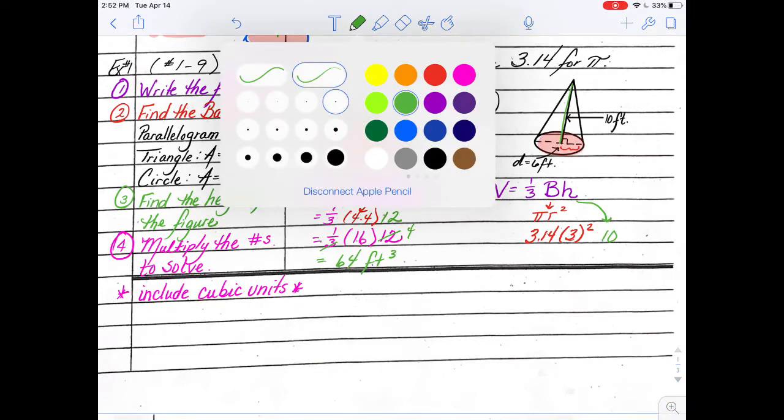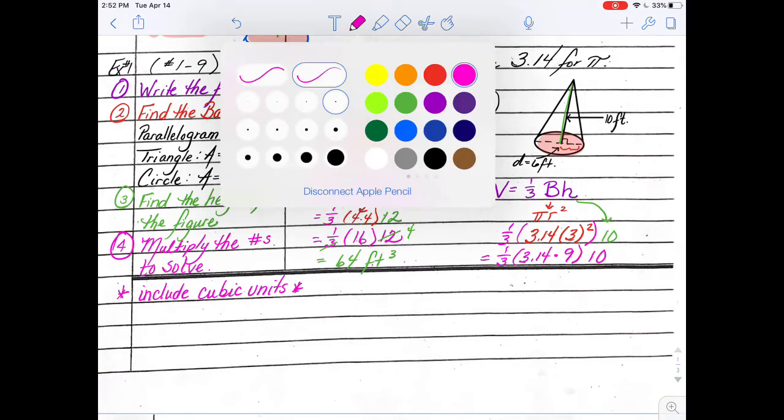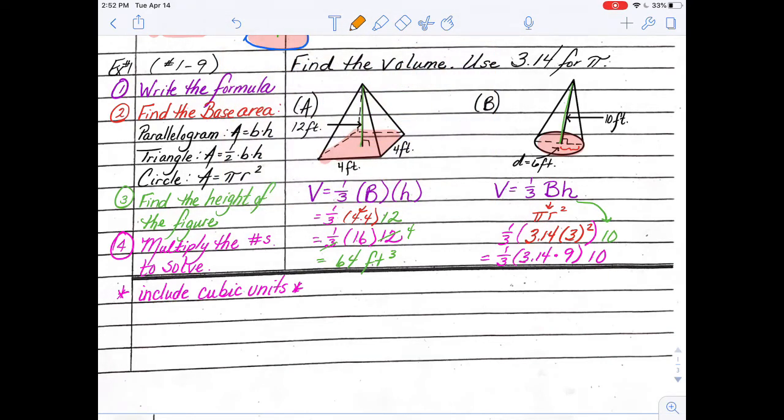And when you're finished, you will take 1/3 of that amount. Let's go ahead and do some work here. 1/3, and I still have my 3.14, but 3 squared is 9, times that 10. The reason I did that is because I realized I could do some cross-canceling again. 3 goes into 9 3 times.